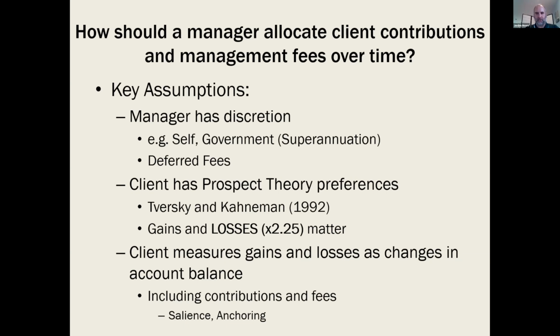Potentially, if the Australian government allowed for some of these discretions on behalf of managers, this would be something that could be implemented at a very large level. We know that managers always have the ability to defer fees, because fiduciary responsibility says you do what's in the best interest of the client. So you could always charge fees later. So there is some ability to implement these findings that I'm going to show you.